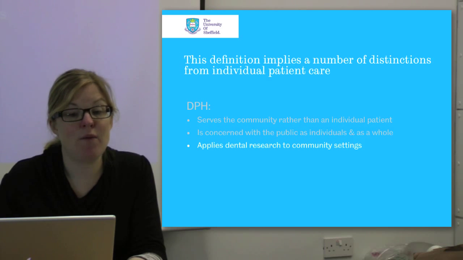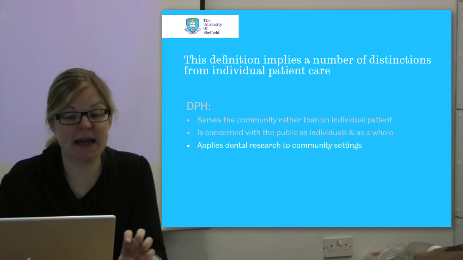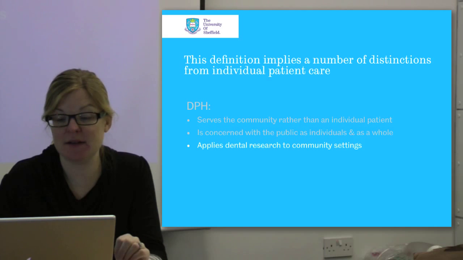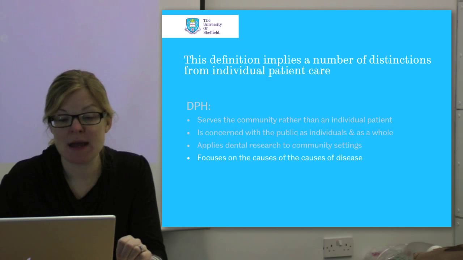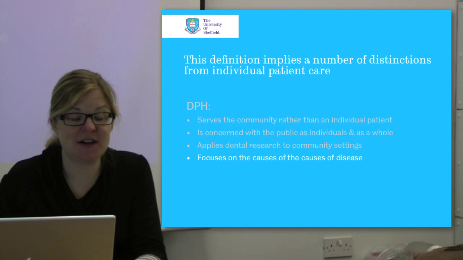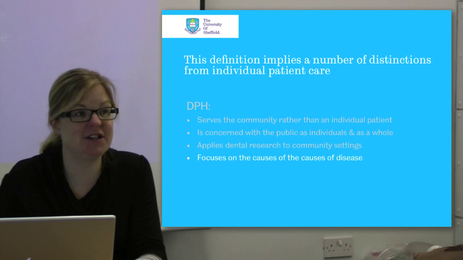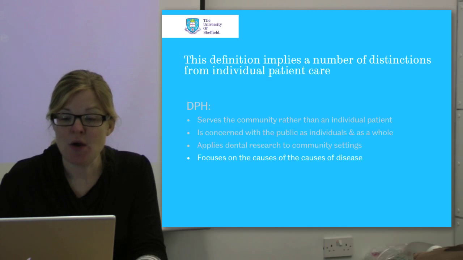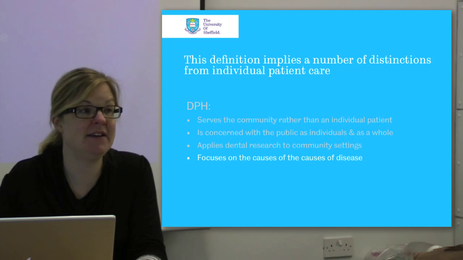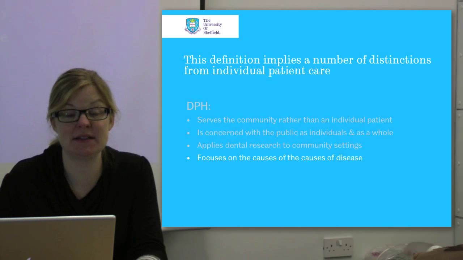We will be doing quite a lot of this in the module, applying research findings to community. We're not necessarily interested in people's strep mutans counts or how much porphyromonas gingivalis they've got floating around in their pockets. When we say causes of disease, we're thinking about more like determinants.